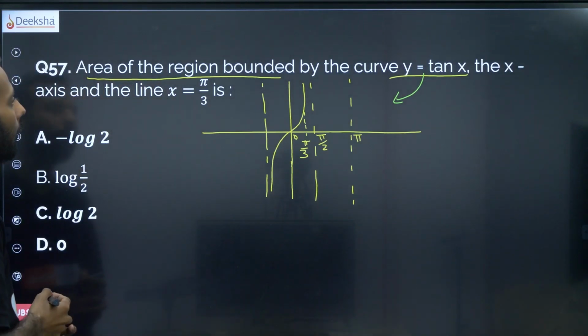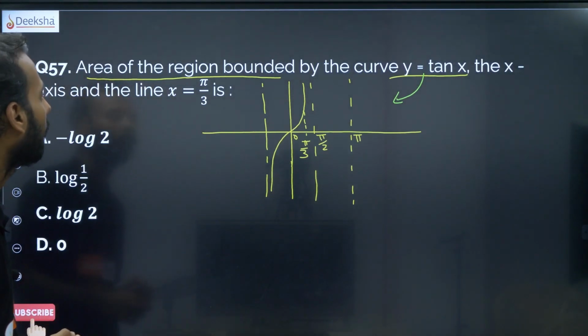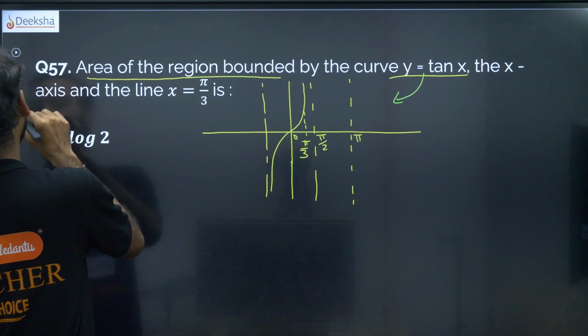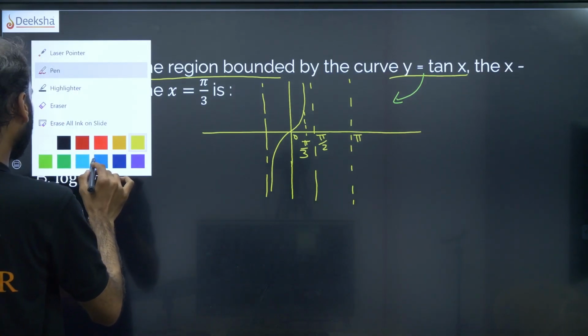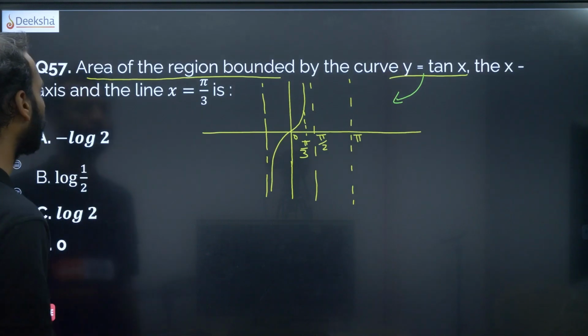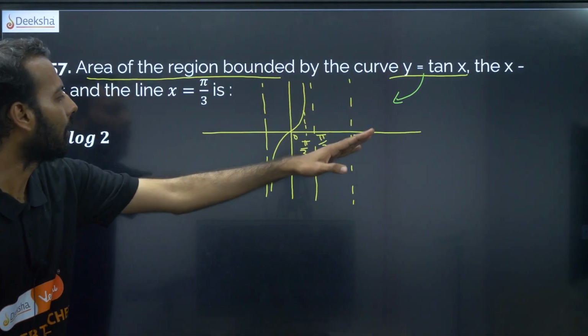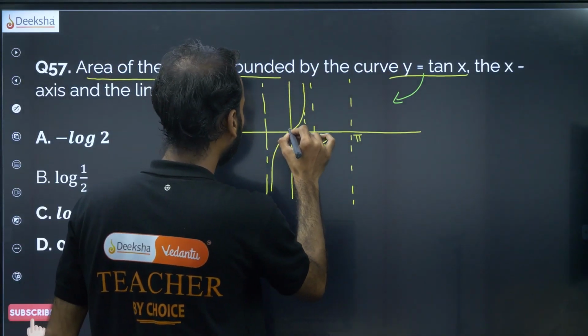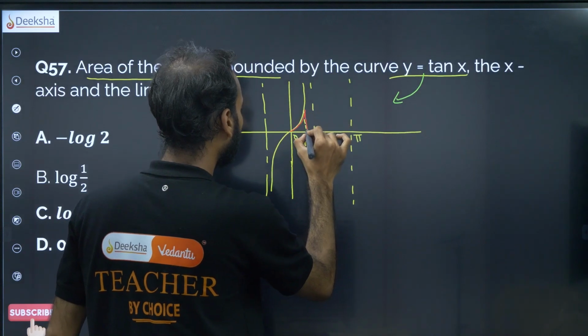Now the area of the region bounded by the curve tan x and the x axis. What they are asking, if you observe, is the area of the region bounded by the curve y is equal to tan x, meaning this region.